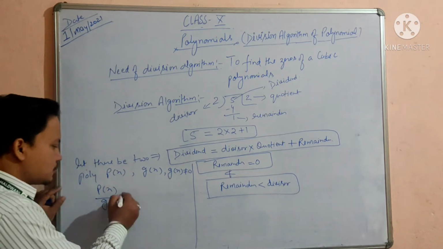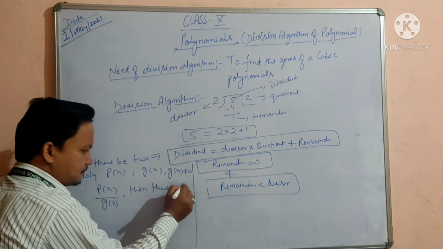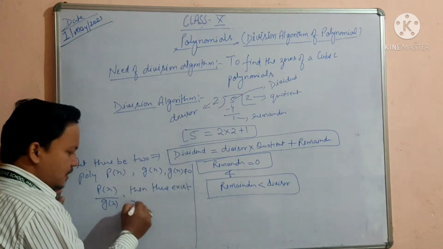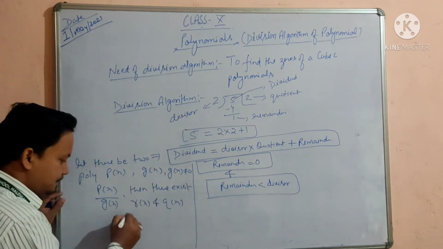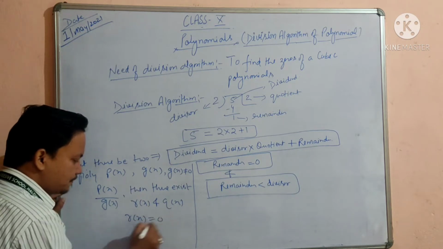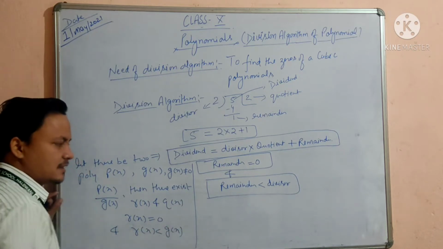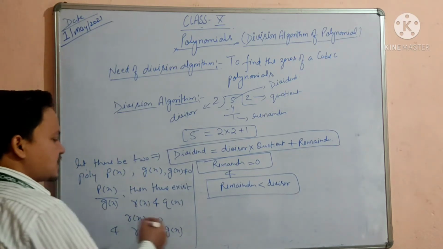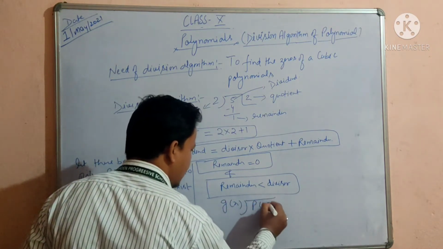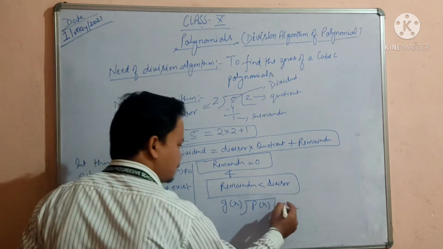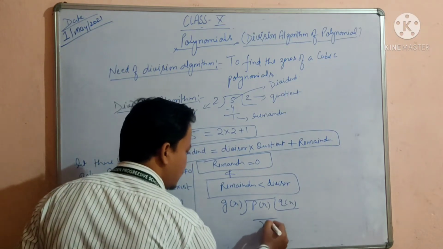Then there exist q(x) and r(x) in such a manner that r(x) is equal to 0 or r(x) is always of lower degree than g(x). So how will we express this? When we divide p(x) by g(x), we get the quotient q(x), and after subtraction we get the remainder r(x).